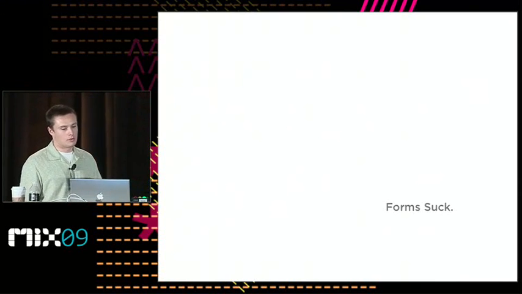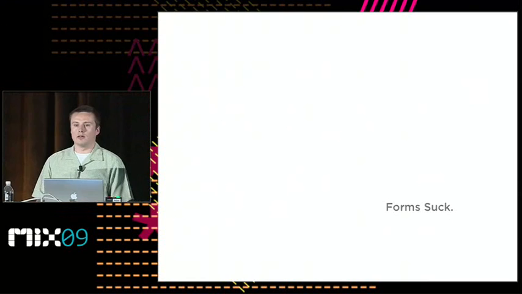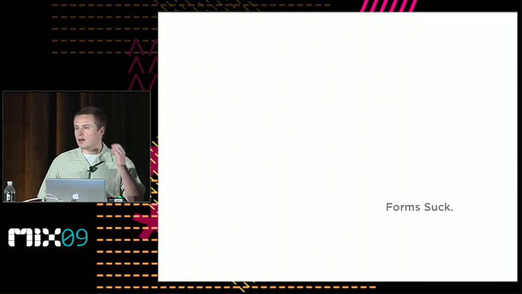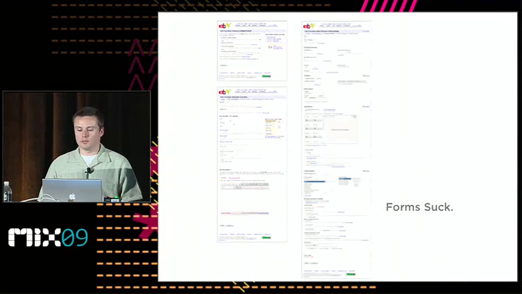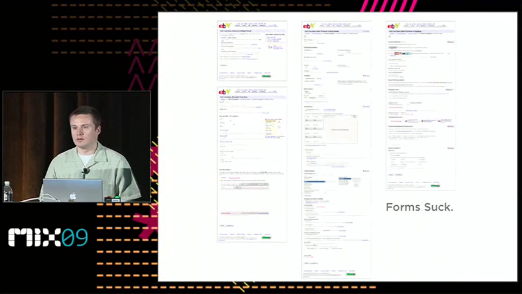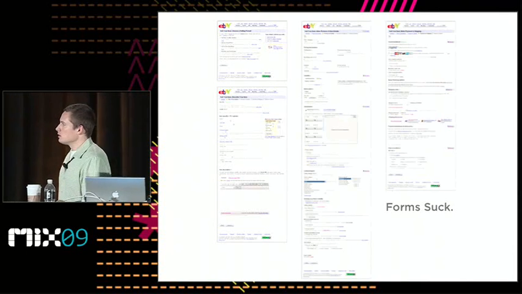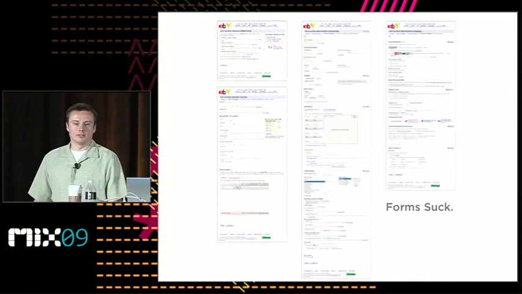I learned this lesson the hard way when I started working at eBay. On eBay, the process of selling something you have in your garage or you bought earlier, or got as a gift and you don't want anymore, in order to list it online, you use an online form, right? So this is step 1, step 2, step 3, step 4. That kind of sucks.